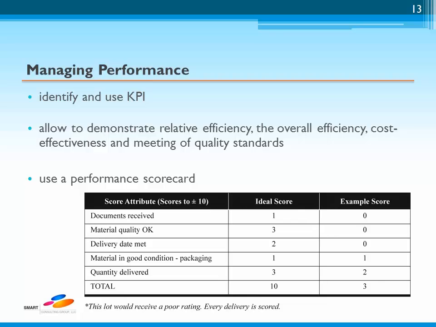Tracking these key performance indicators daily and weekly will allow you to demonstrate the relative efficiencies of what you are doing and the overall efficiencies of the whole process are working properly. It will also help you determine how cost-effective the process runs and whether you are meeting your quality standards as attributes for the process. Typically then, this is done using a performance scorecard.